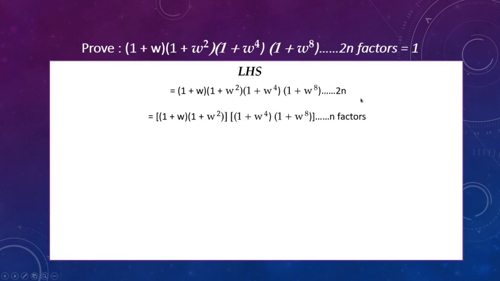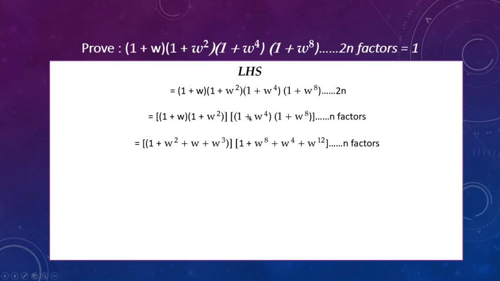So we will write now here up to n factors as we have combined two values. Now we will multiply these two equations. We will get 1 plus omega square plus omega cube, and we will multiply these two brackets. We will get 1 plus omega 8 plus omega 4 plus omega 12.